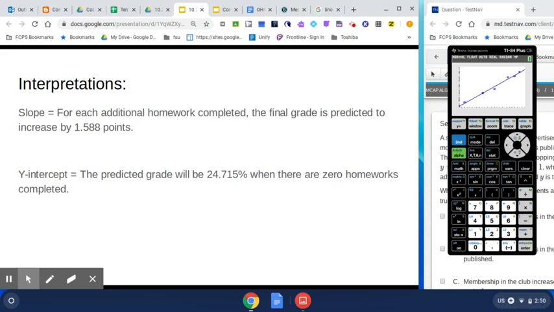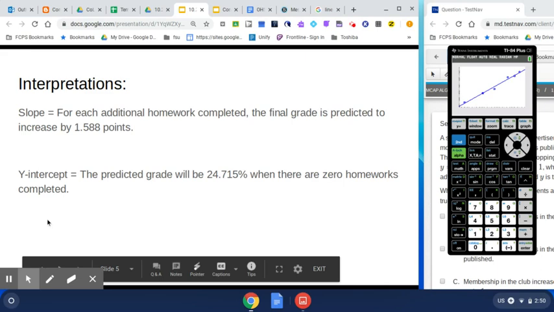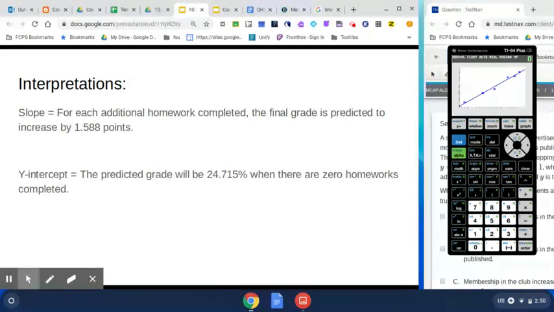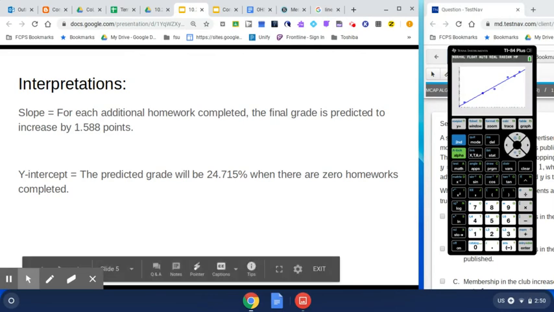For the y-intercept, the predicted grade will be 24.715% when there are 0 homeworks completed. So our interpretations we want to be written out in full sentences and be in the context of the prompt. We don't just want to say X equals or Y equals. We want to talk about, in this case, homeworks completed and final grade.